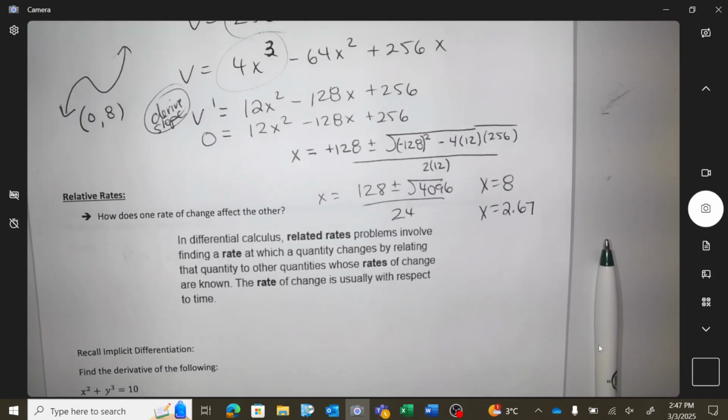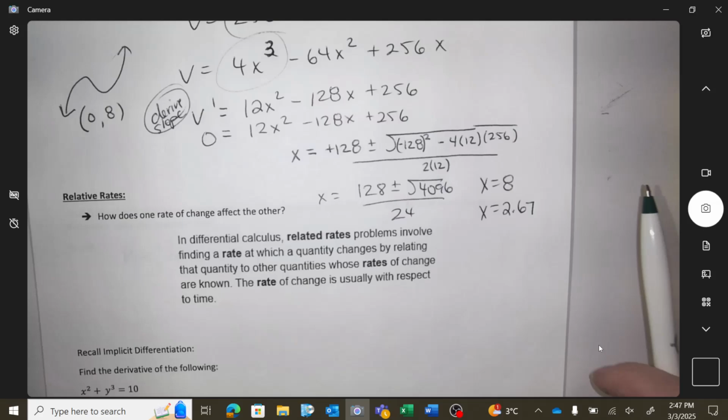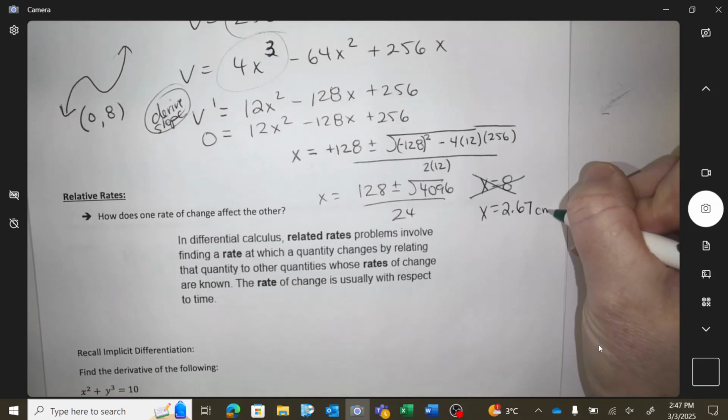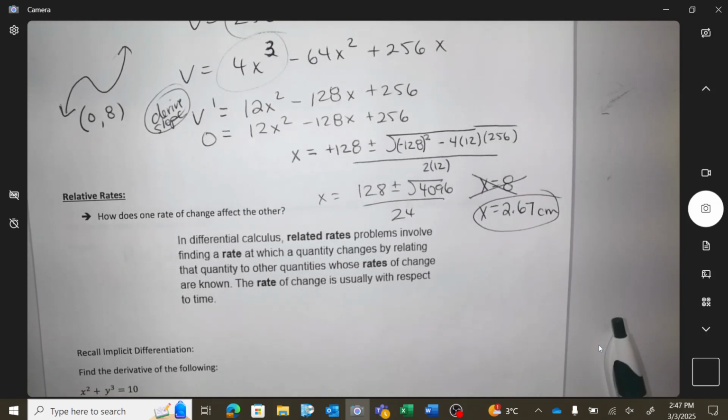So I got 2 numbers out of that. What do we think about them? I don't really think both of them are going to work. 8 can't work because we said if you cut off 8 and 8, your whole side has disappeared, so that's not good on a box. And I'm just going to add centimeters to that as my answer about how much should I be cutting off each corner.